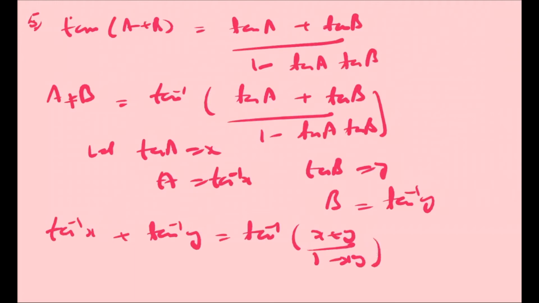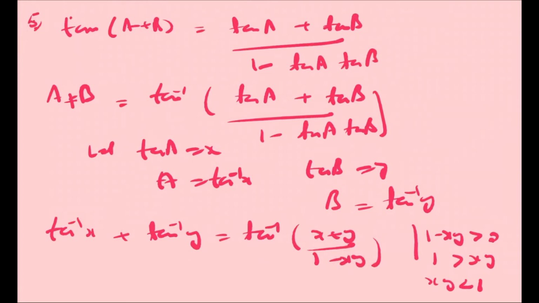Now what should be the conditions here? Here the condition is 1 minus xy should be greater than 0. It means 1 is greater than xy, meaning xy less than 1. So this way we can find the condition for this.